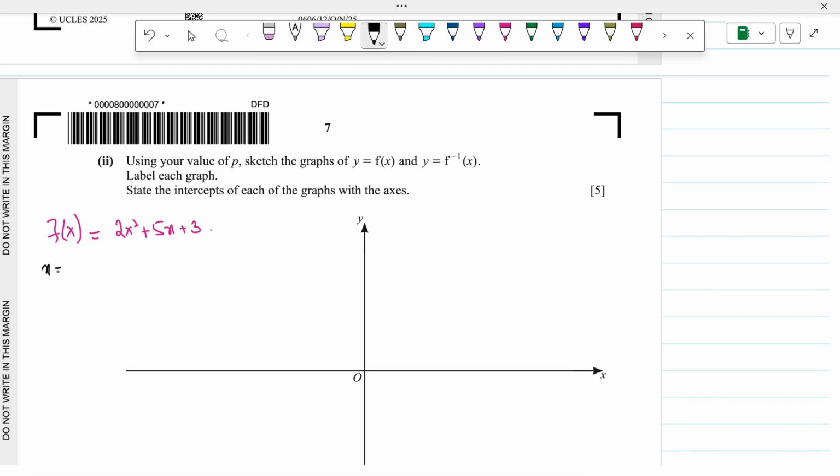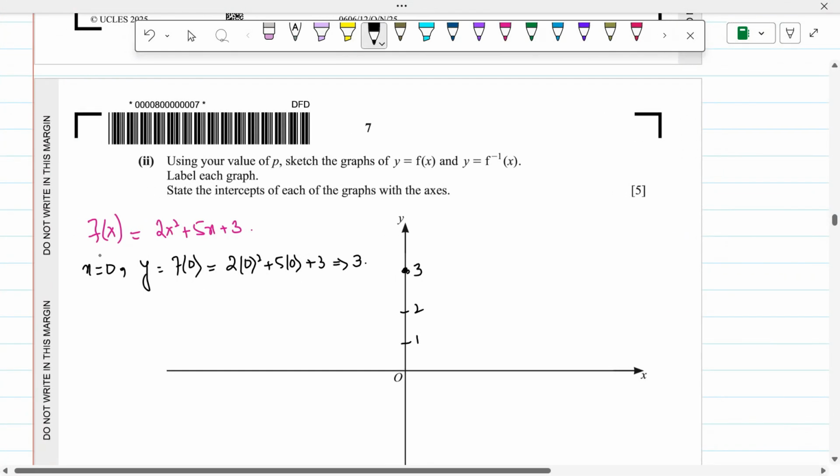When x is equal to 0, we get the y-intercept: f of 0 is equal to 2 times 0 squared plus 5 times 0 plus 3, which is equal to 3. So when x is 0, we have the y-intercept 3. This one is 1, 2, and 3. Okay, this is a point.